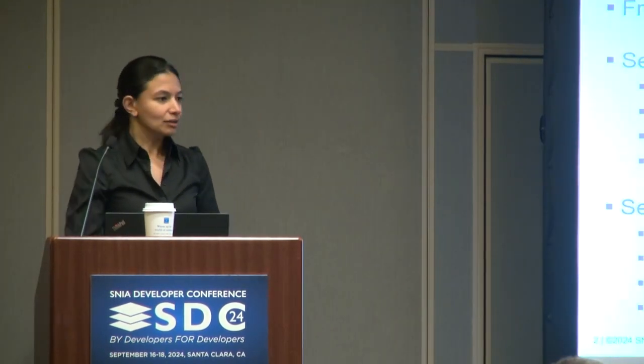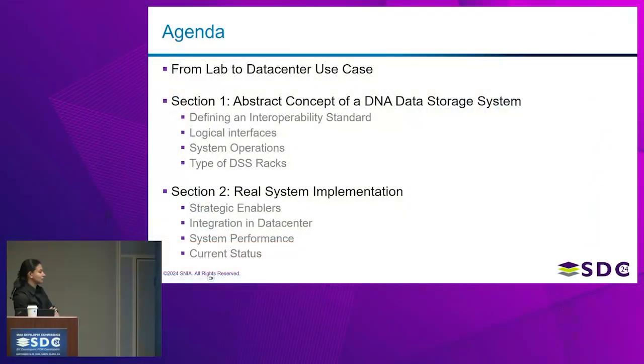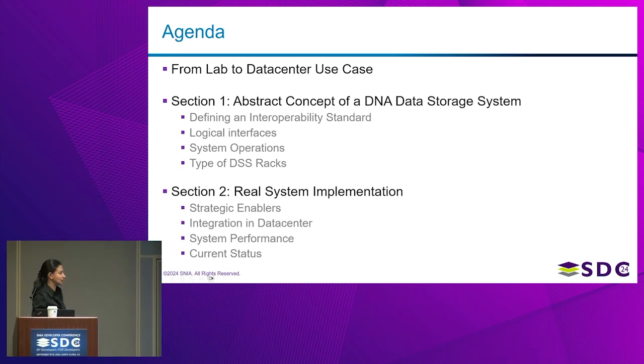So let's quickly go over the agenda first. The first section you will see is basically the abstract concept of the DNA storage end-to-end system. We look at interoperability standards, some logical interfaces that are needed between the subblocks of DNA storage, the kind of system operations that this system would have to support, and also the type of DNA data storage racks that could be considered.